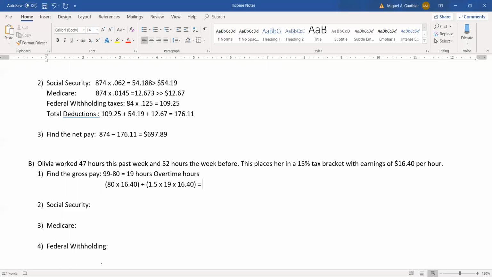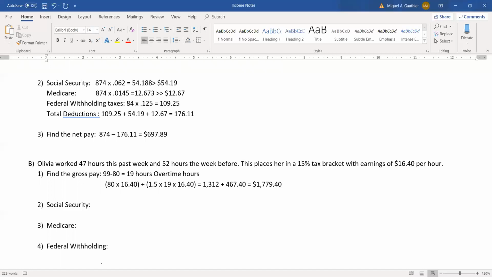Okay, so the 80 times 16.4 is 1,312. And then the 1.5 times 19 times the 16.4 is $467.40, which gives us a gross total of $1,779.40.